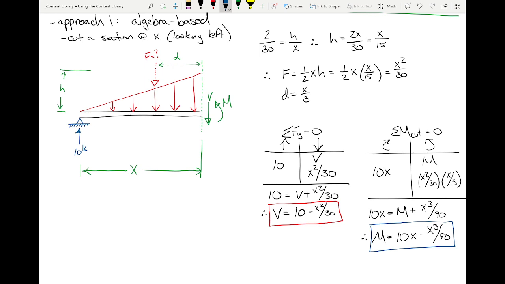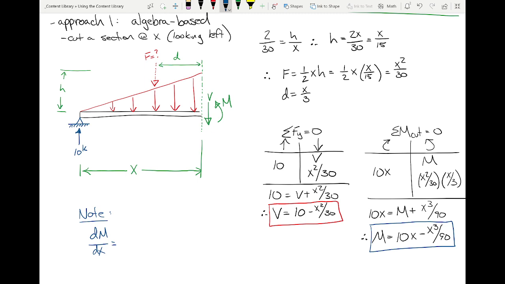Everybody okay with that? Help me out. Anybody notice something? What is the derivative of the moment function? What's the derivative of 10x?